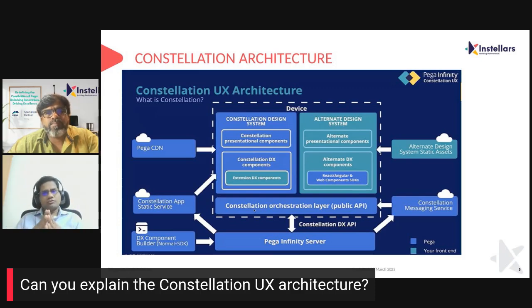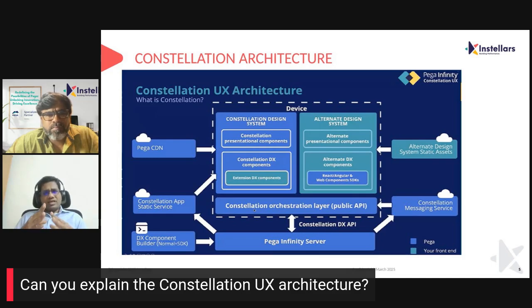Most folks might already know it. So next is the Constellation DX components; I think we touched upon these. They allow developers to create custom and purpose-specific UI elements that extend the Pega low-code UI library or any design system.